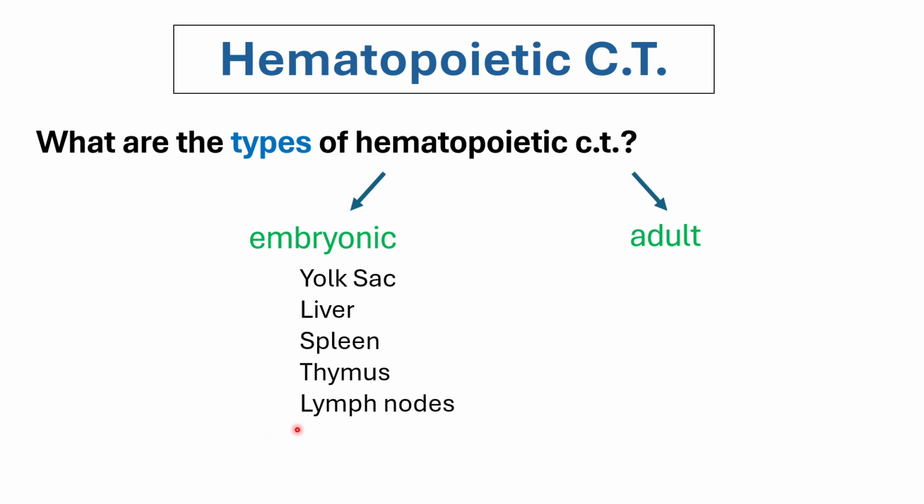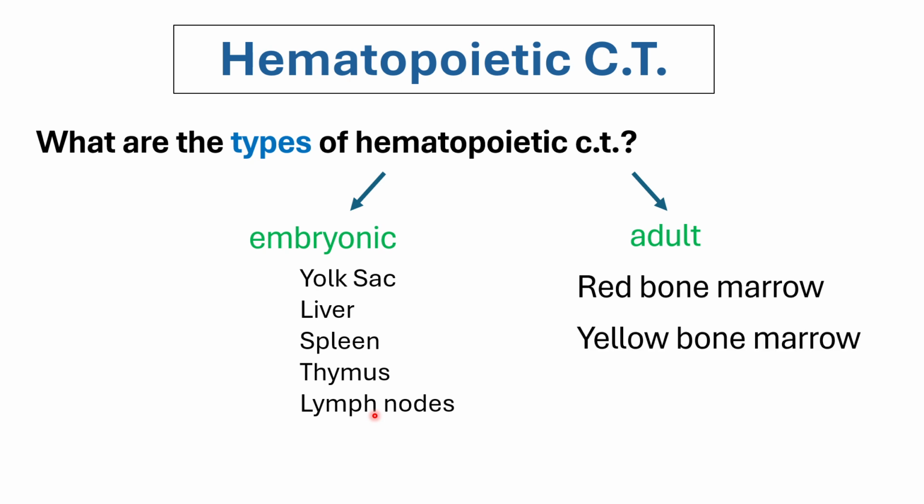As the embryo nears its adulthood, the production of blood cells will change from the yolk sac to the thymus and lymph nodes. Okay, especially for your immune cells.